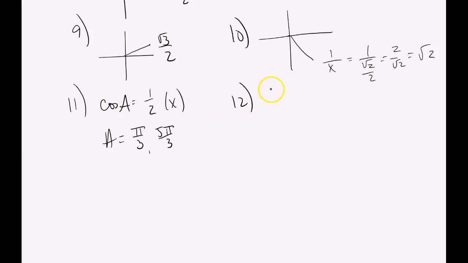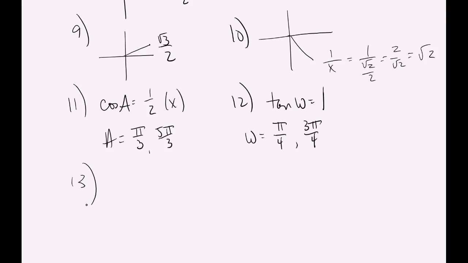Number 12, the tangent is equal to a positive 1. Well, remember what I said earlier. Any of the over 4's have something to do with 1. And if you want a positive 1, that means you need first quadrant and third quadrant. Now, why do you need the third quadrant? Well, that's a negative over a negative, so it would make a positive when you actually math it out.